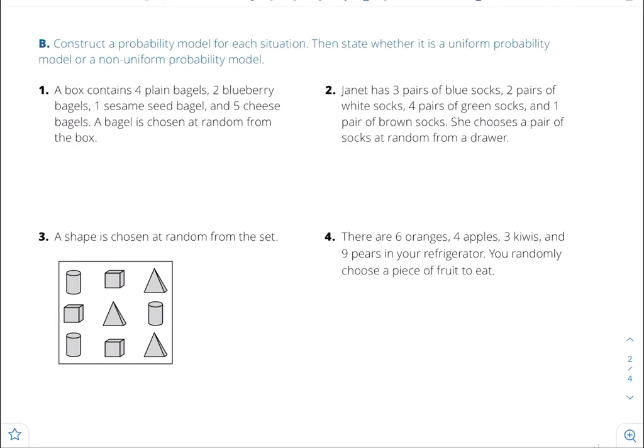Okay, so for this one, you are going to construct a probability model, and then you're going to say if it is uniform or non-uniform. So put your outcomes up top and probability on the bottom.